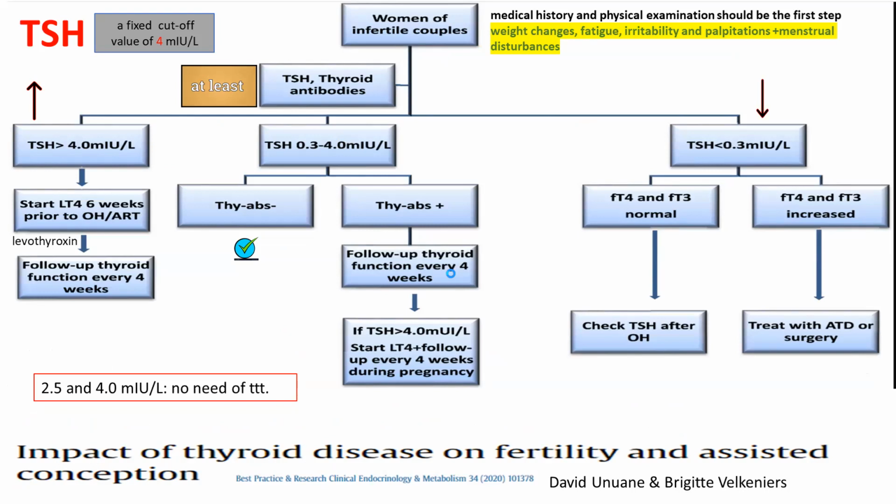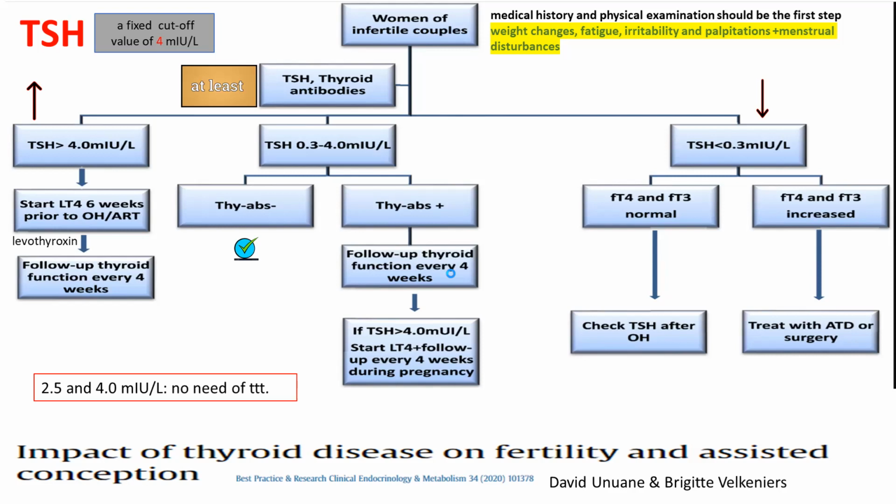We have to request TSH and thyroid antibodies for all ladies, particularly those with medical history suggestive of thyroid dysfunction like weight change, fatigue, irritability, palpitation, and menstrual disturbances. So the history and physical examination of the thyroid are important. And we request TSH and thyroid antibodies. Don't request T3 and T4.